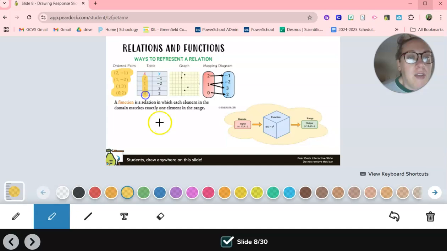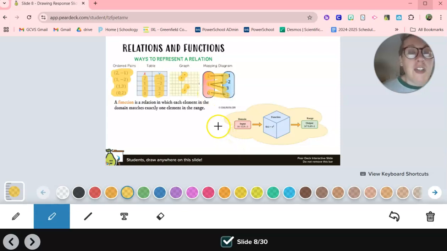Here's our x values, 2, 1, 1, and 0. And our y values, -1, -2, 3, and 2. We could also take these points and put them on a graph. And that's another way to represent the relation. And finally, we could take it by mapping, right? 2 goes to -1, 1 goes to -2 and to 3, and 0 goes to 2.